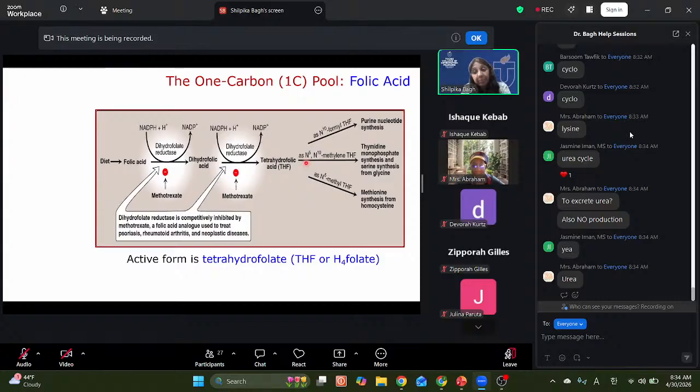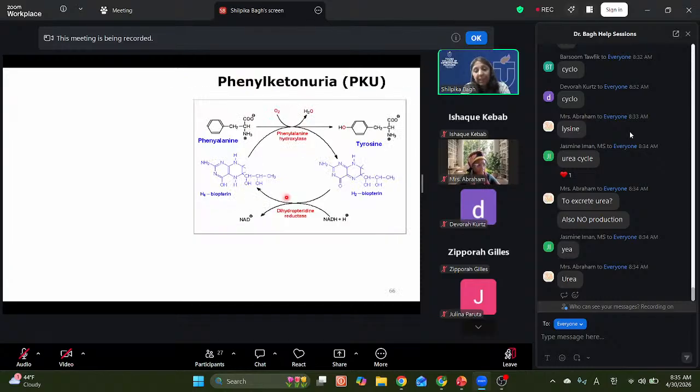The metabolic map should have been provided to you, and as I've told you, that was a requirement. Let's move on to our comp. Do it well. So folate is required for purine and pyrimidine synthesis; folic acid deficiency, low folate in diet, megaloblastic anemia. B12 deficiency, folate trap, again megaloblastic anemia.